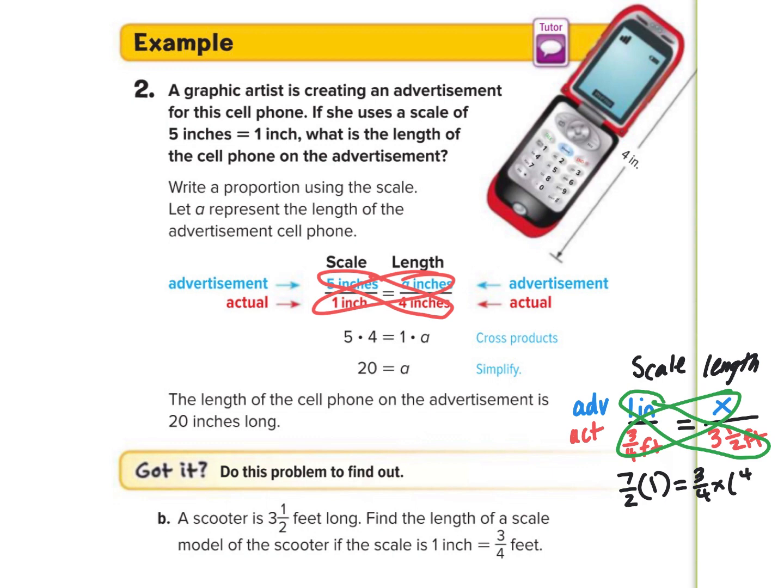So I'm going to multiply both sides by 4/3, and I would get 28/6 equals x. And then if I simplify, I would get 4 4/6 equals x. Simplify more, 4 2/3 inches.